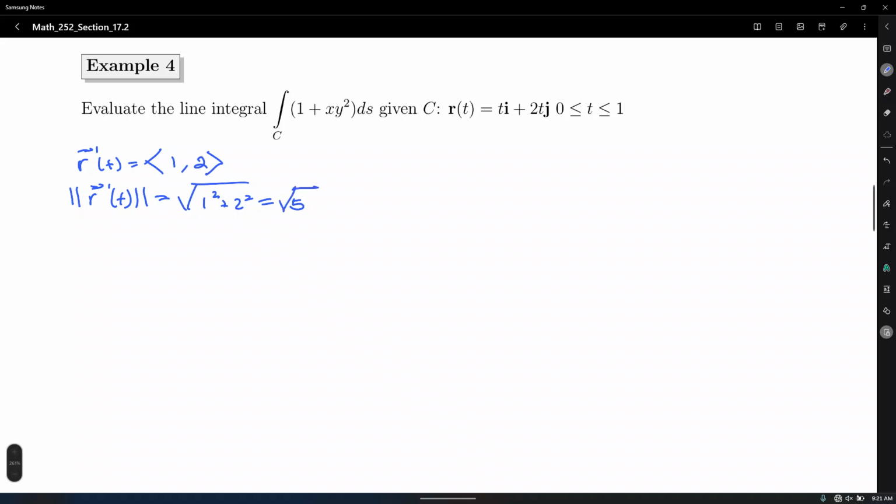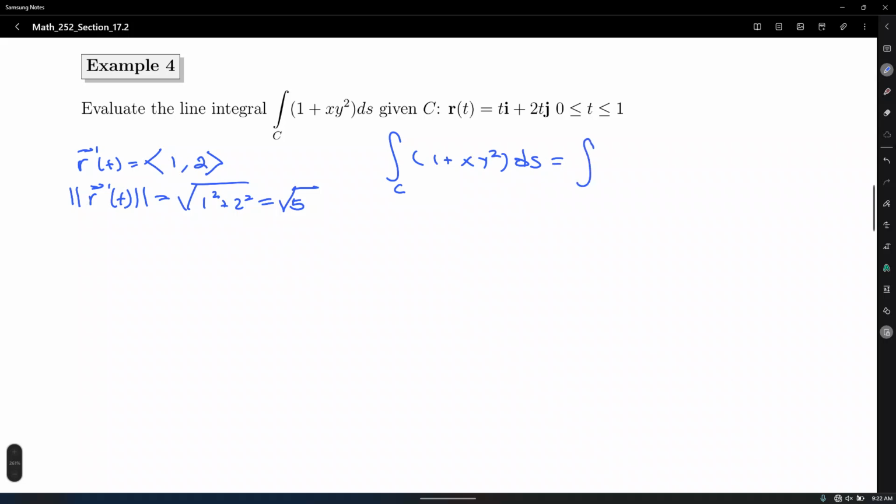All right, what else do I need? I think that's about it. And we're ready to evaluate the line integral over the curve C of 1 plus x y squared ds. Oh, careful, since we are no longer working with the arc length parameter s, we're back to the t parameter, the time parameter.